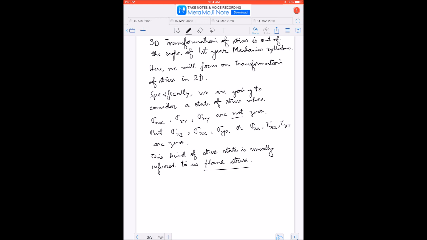So what we want to do is consider a body like this. It need not be a perfect square like this.